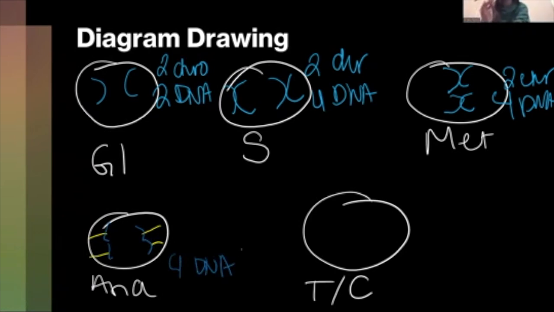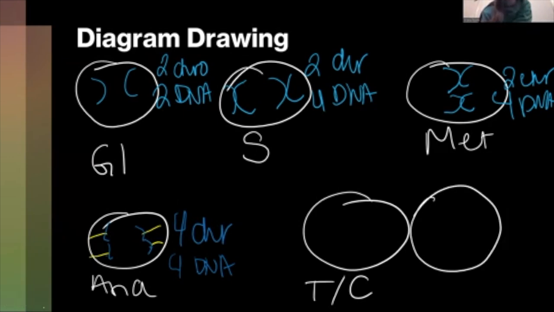But if we went to count chromosomes, now each of these has its own centromere. And we know that when we count chromosomes, we count centromeres. So there's 1, 2, 3, 4 centromeres. So there's 4 chromosomes. And then telophase cytokinesis, I forgot to draw another cell because we split into 2.